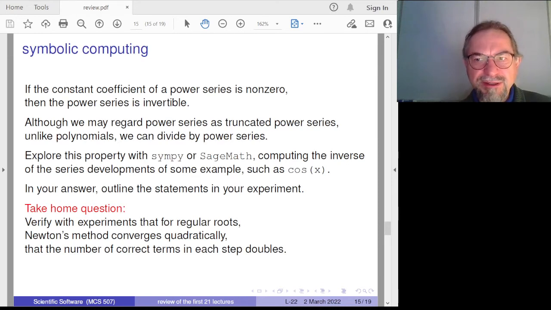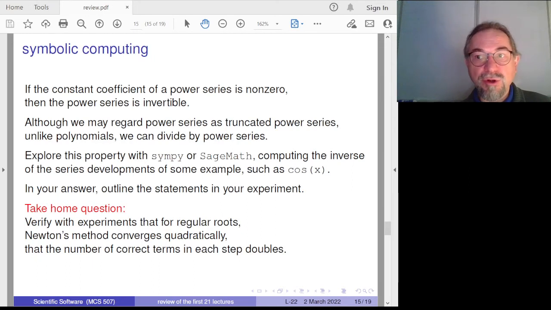So in the PDF version, I have two sides. One side is the in-class version with everything that is here before the take-home question. And then on the back of the form, there is the take-home version, which would still contain the description of before. So the last three lines are in the context of power series. If you can invert power series, you can actually define Newton's method.